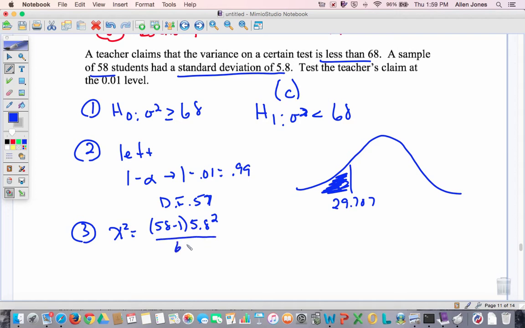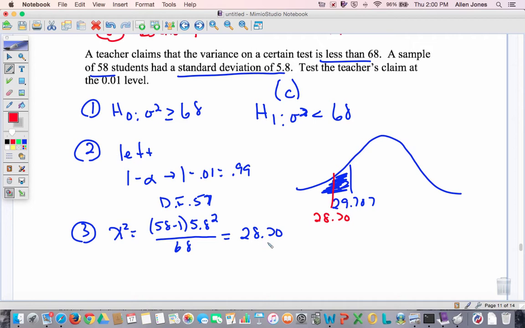I do have to square it this time, because 5.8 squared would give me my variance. 68 is already a variance number, so I do not have to square it. Just reiterating our relationship between standard deviation and variance from Chapter 3: the standard deviation is the square root of the variance, or the variance is the square of the standard deviation. And if we calculate that, I get a test score of 28.20.